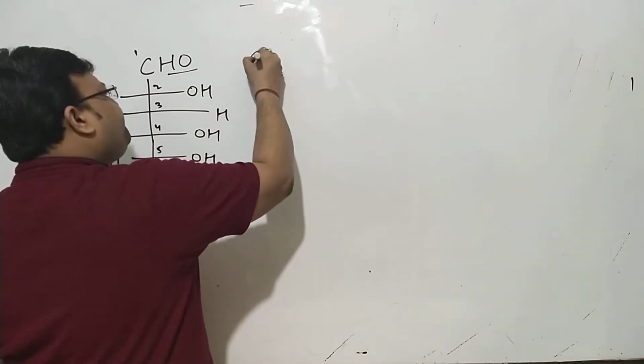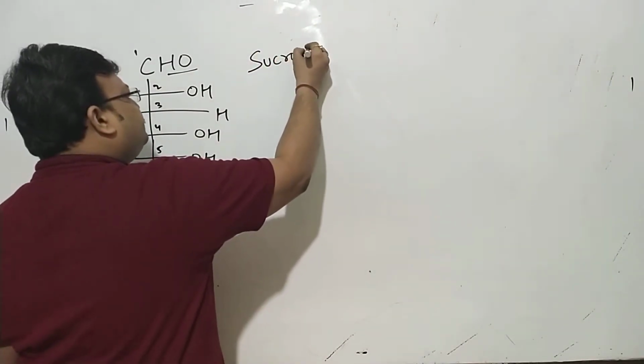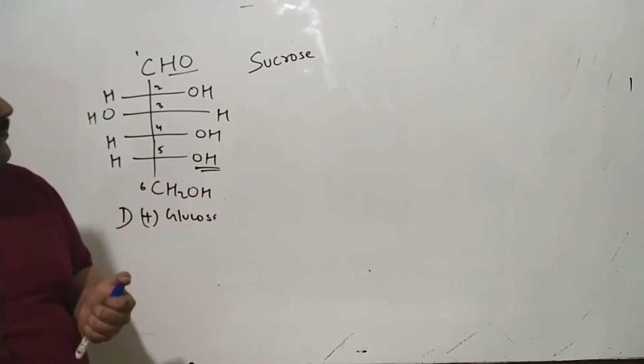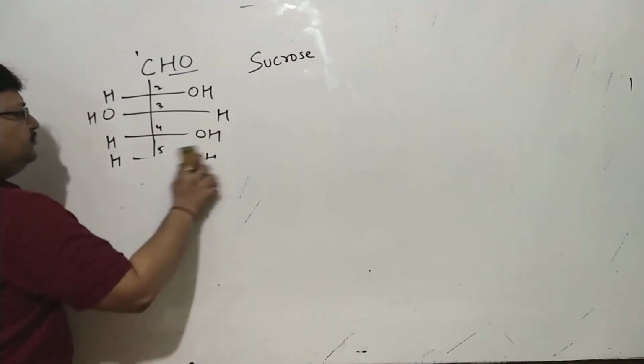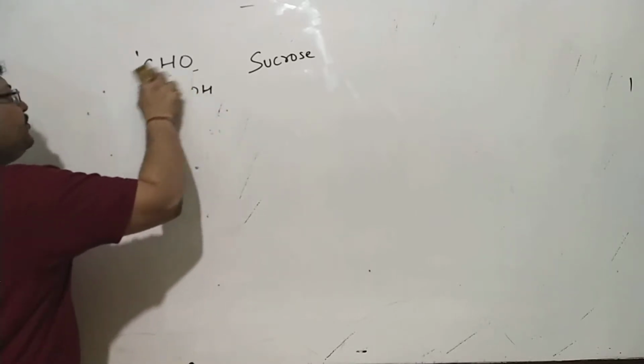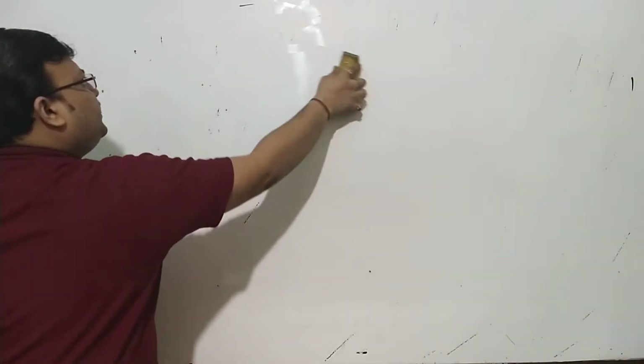First of all, for sucrose, I'll want to use the entire frame. So maybe I'll want to rub the familiar structure of glucose as well. We don't need to keep it in the frame.